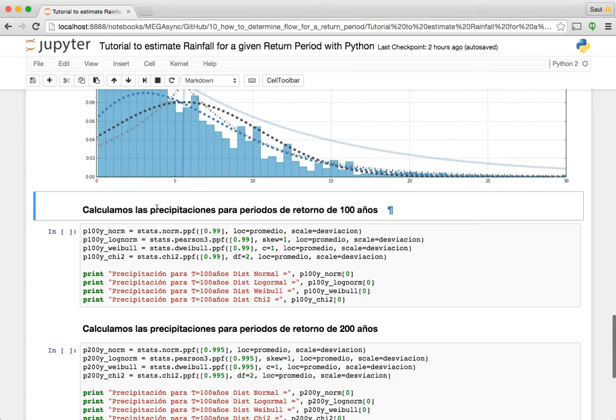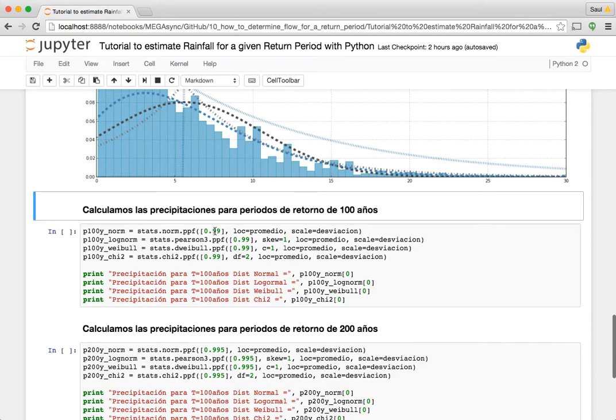Here, for a return period of 100 years, we get the rainfall, the daily rainfall event. 100 years means that the probability of exceedance is 1 divided by 100.